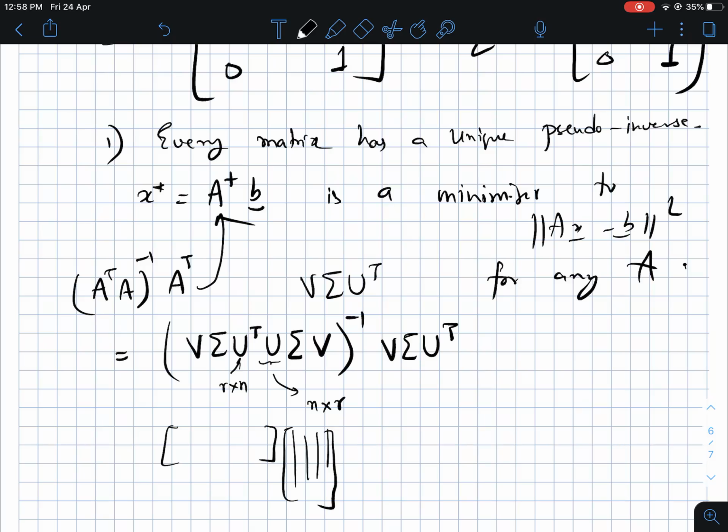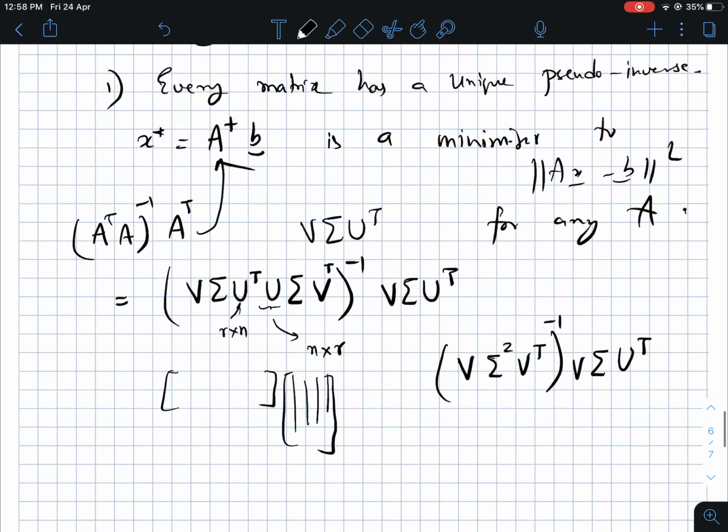So what you get here is simply V sigma square V transpose, inverse, times V sigma U transpose.